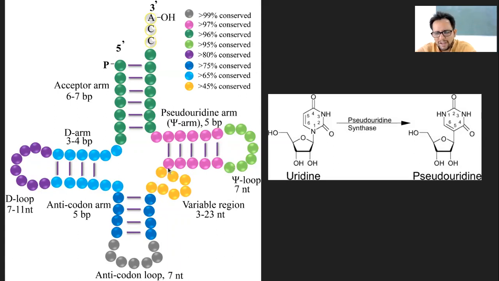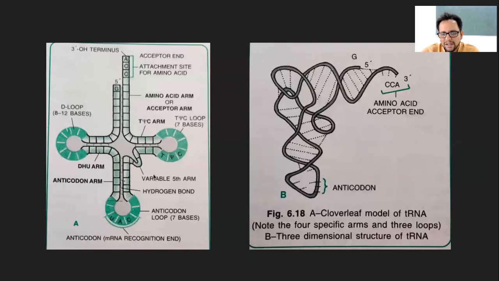And that is what the variable region is as well. Like I said, it is different in different species, and can be around 3 to 23 nucleotides. In some species this can be higher, in some lower, and that is why it is a variable region.